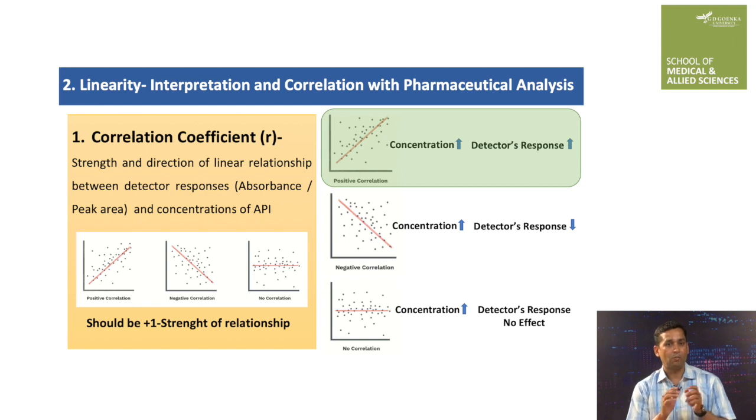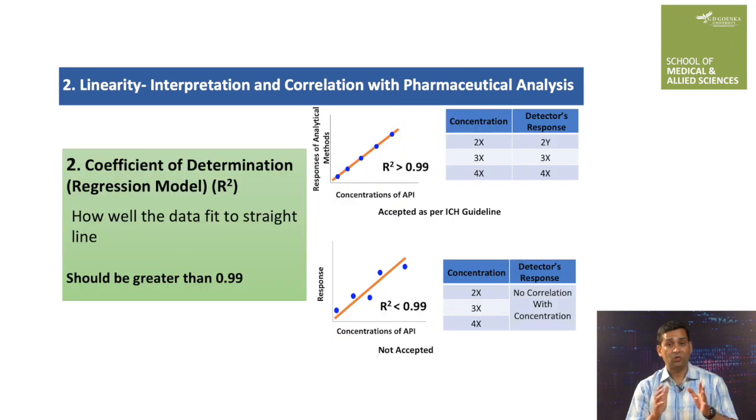The correlation coefficient must be +1 as recommended and accepted criteria by ICH guidelines, which means the detector's response increases with increments in API concentrations. Coefficient of determination is another data in favor of linearity of an analytical method. Coefficient of determination in a regression model, or R square, tells us how well the data fit to a straight line. Data means responses of analytical techniques associated with API concentration.